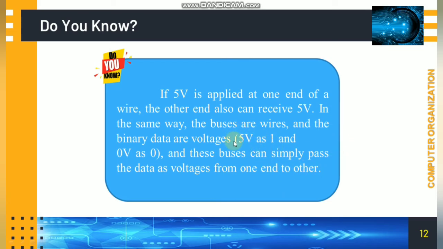However many inputs you send, you should receive the same as output. That is what is given here. So 5 volts is 1 and 0 volts is 0. Here you have 5 volts, so it is reading, and reading always has 1. Here you have 0 volts, which is the writing process, so writing always has 0. And these buses can simply pass the data as voltage from one end to the other.